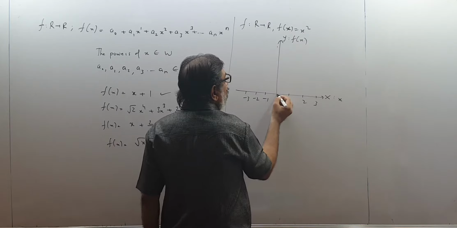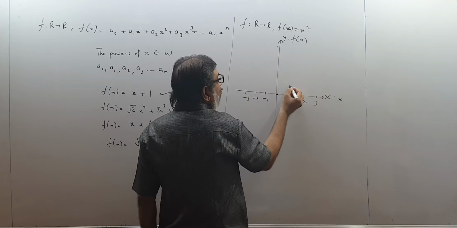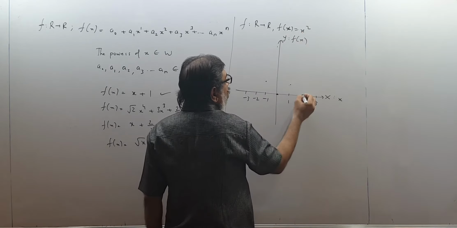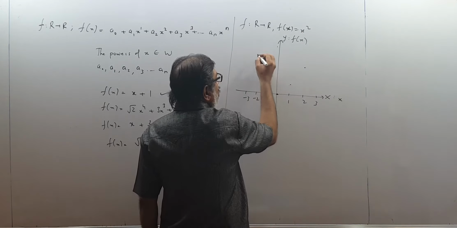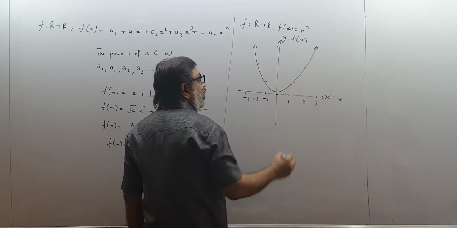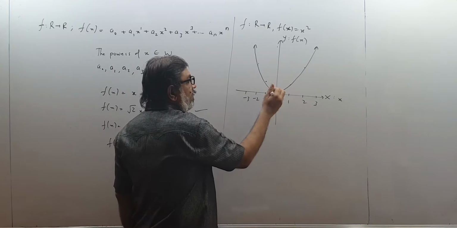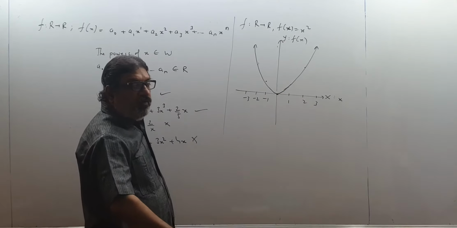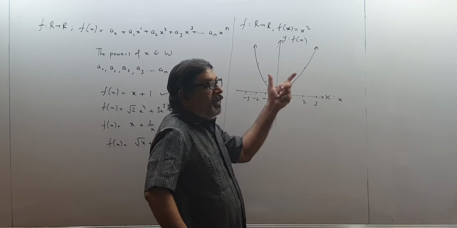For 0 it will be 0, for 1 it will be 1, minus 1 also 1, for 2, 2 squared is 4, minus 2 also 4, so graph will be going like this. This will be the shape of the graph for f(x) equal to x squared, passing from here of course, like this. This is the graph of one polynomial function, simplest I have taken.